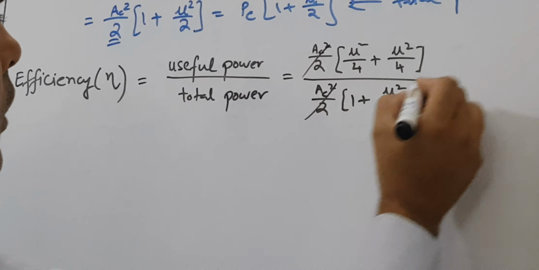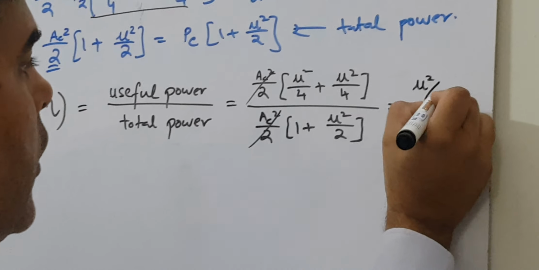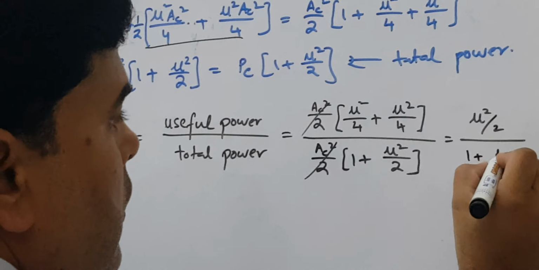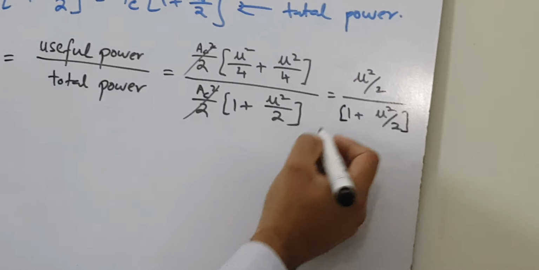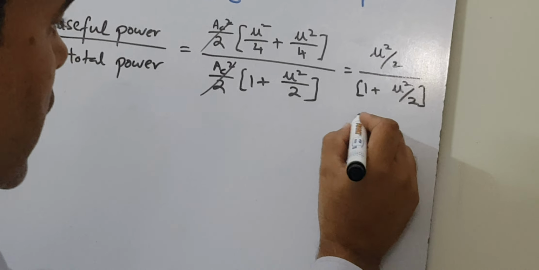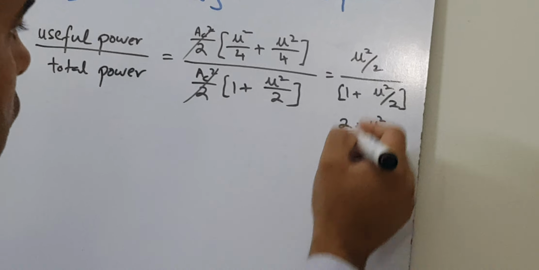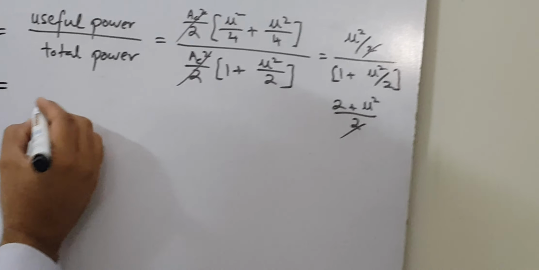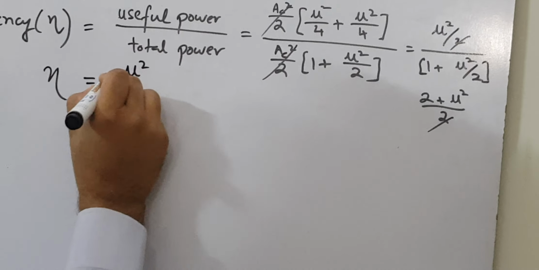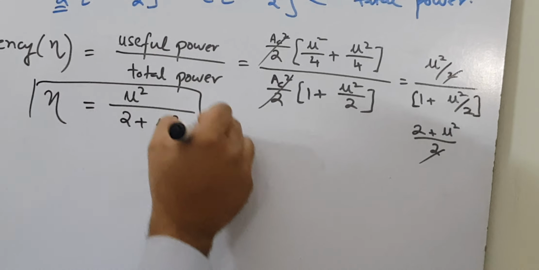So Ac square by 2 is cancelled out. The remaining is mu square by 2 over (1 plus mu square by 2). If you take 2 as LCM, it becomes (2 plus mu square) divided by 2, and the 2s cancel out. So the efficiency is equal to mu square divided by (2 plus mu square).